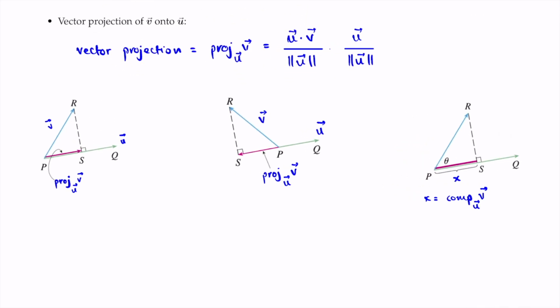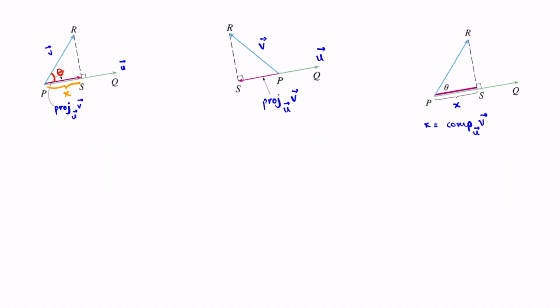So here I'm going to make the assumption that theta is the angle between the two vectors u and v. And I'm going to say that x right here is the magnitude of the vector projection.